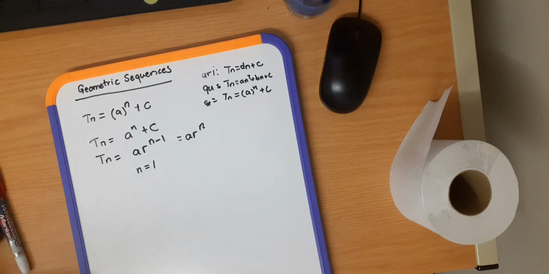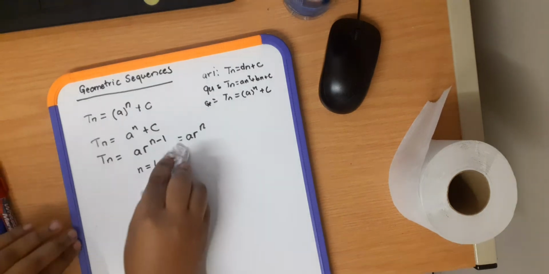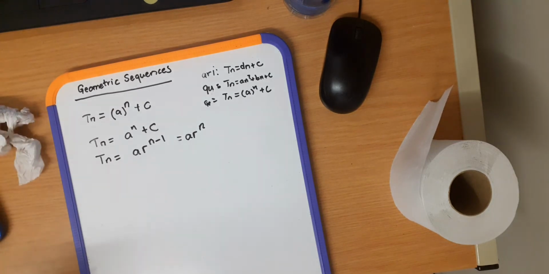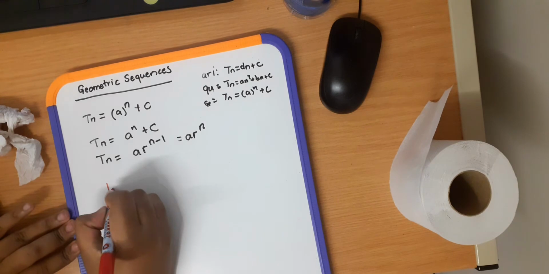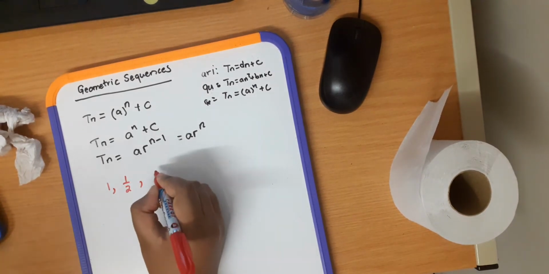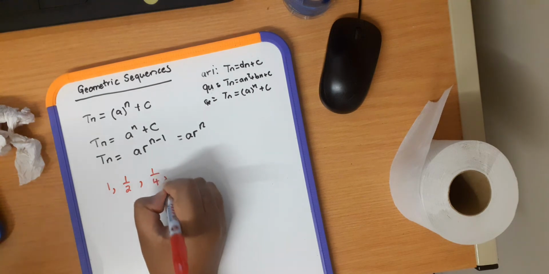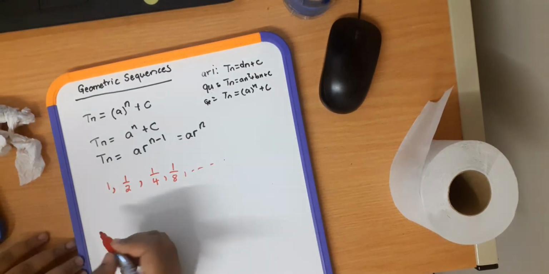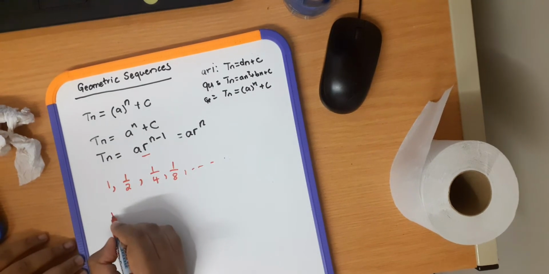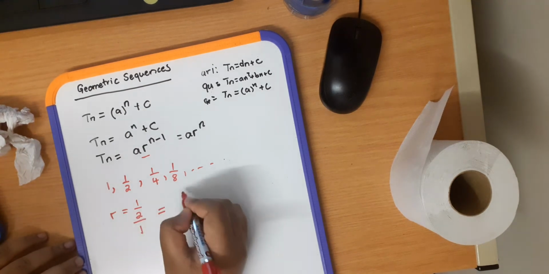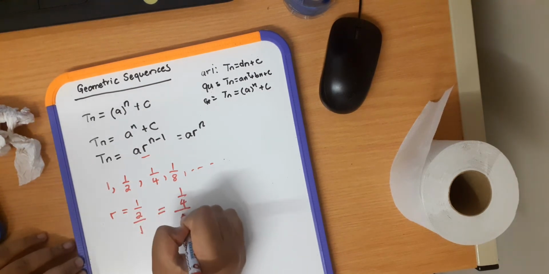So let's just jump into the first example. I'm sorry for saying that cringy line all the time, but if we have an example of 1 over 2, 1 over 4, 1 over 8, we kind of see where this is going. To find r, you say r equals 1 over 2 over 1, and it also has to equal 1 over 4 over 1 over 2.